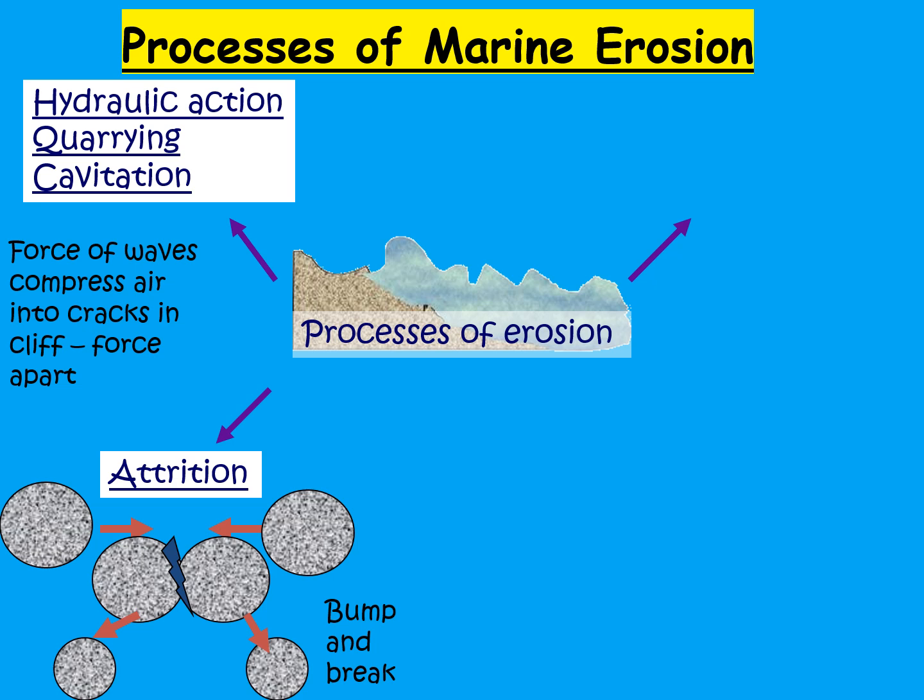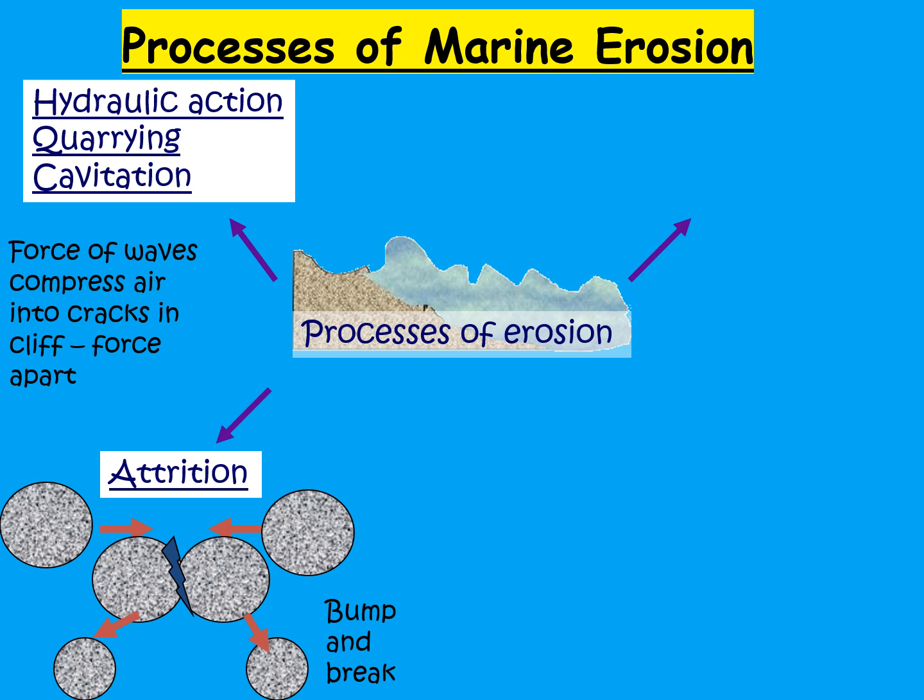You might say the sheer force of the wave comes in and crashes into the cliff, causing breakdown of the rock. But more importantly, as the wave gets close to the cliff, if the cliff has cracks and joints and bedding planes, air gets compressed into those cracks under high pressure, and then when the wave goes back, that decompresses, that weakens the cliff, and parts of the cliff break away.